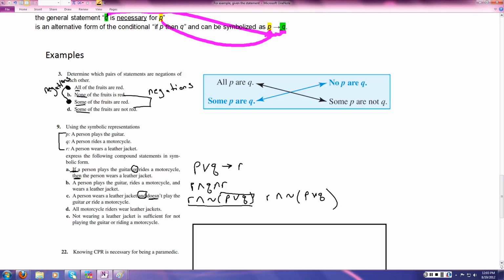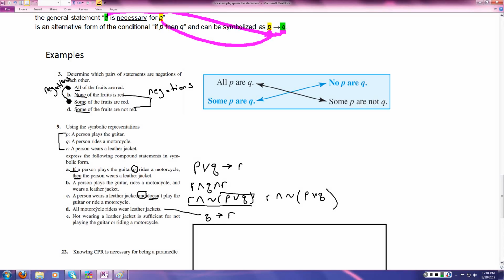So the "all," you have to interpret it as an if-then. If I say all motorcycle riders wear leather jackets, then I'm saying if you're a motorcycle rider, then you're wearing a leather jacket. So over here, I have Q, motorcycle riders, implies that you're wearing a leather jacket, so that would be R.